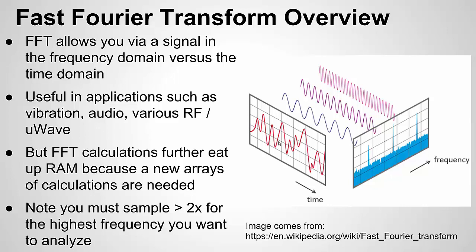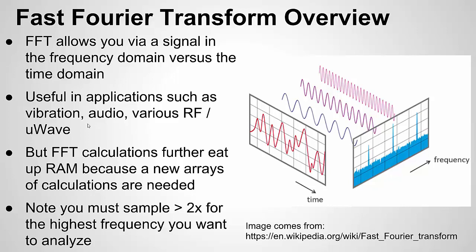FFTs are used in a lot of different applications for vibration analysis, for audio, and then in higher frequencies for microwave signals and things like that. Now, the rate of our ADC sample rate could possibly be useful in vibration or audio applications. The whole idea here is you want to make sure your signal, often in audio for instance, is a very clean signal.